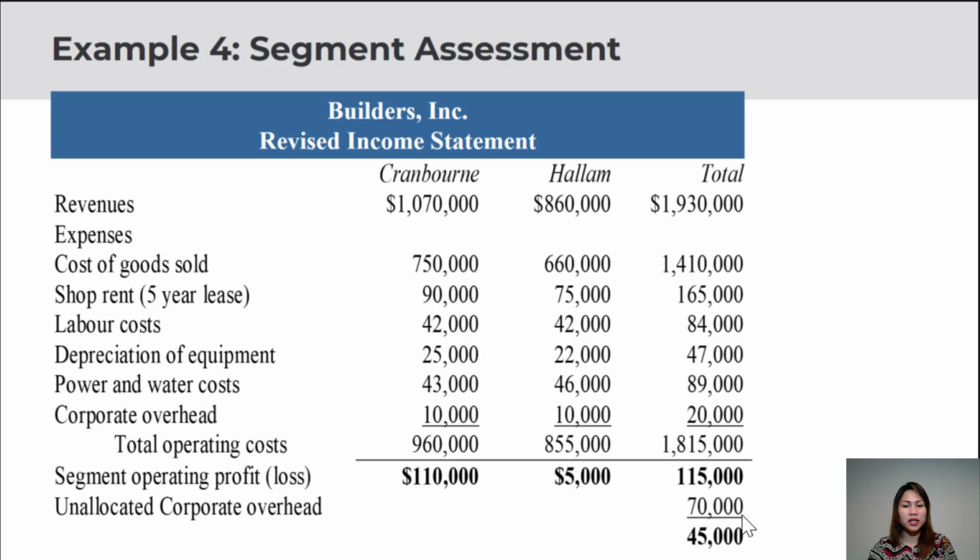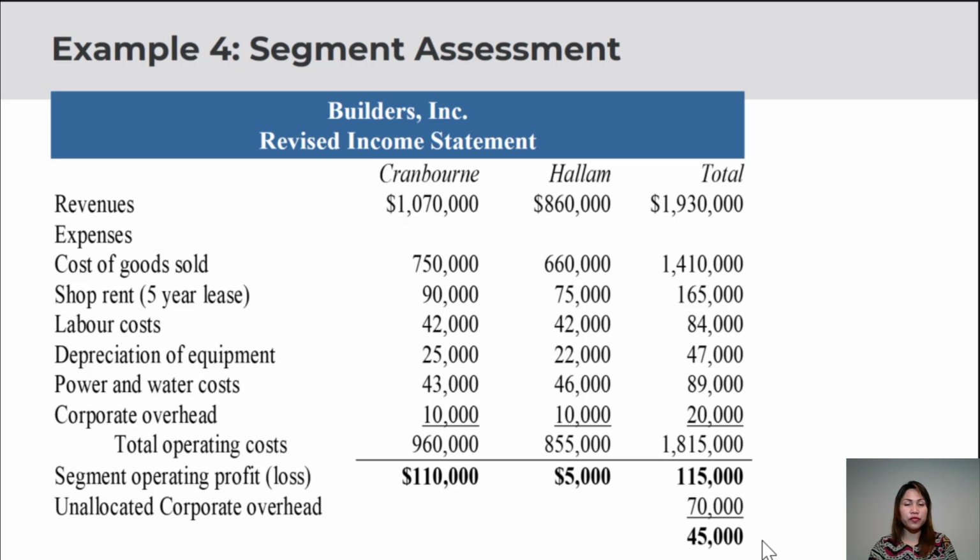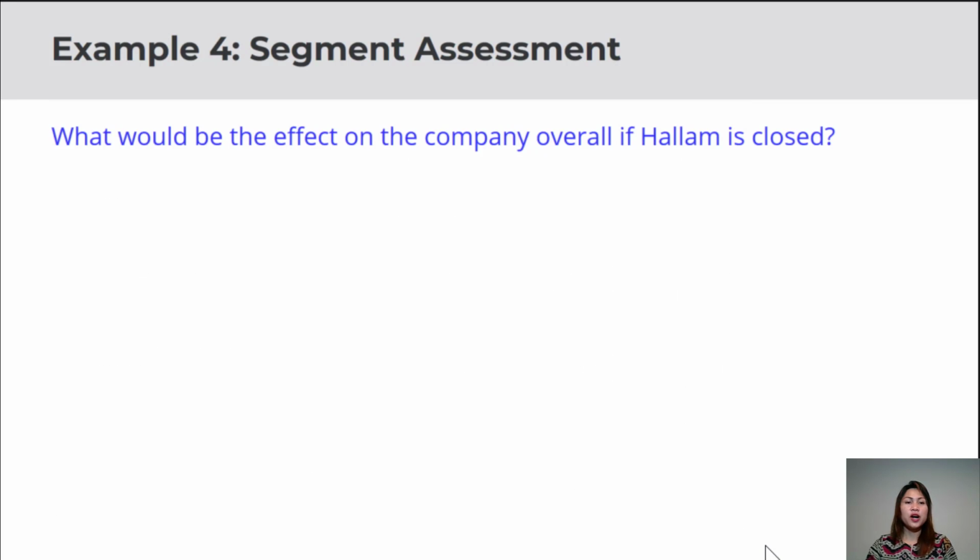In total, 115,000 from two segment profits that they made for the year to cover 70,000 unallocated corporate overhead. Then the company itself can still have a 45,000 profit. Now, what will be the effect on the company overall if Hallam is closed?